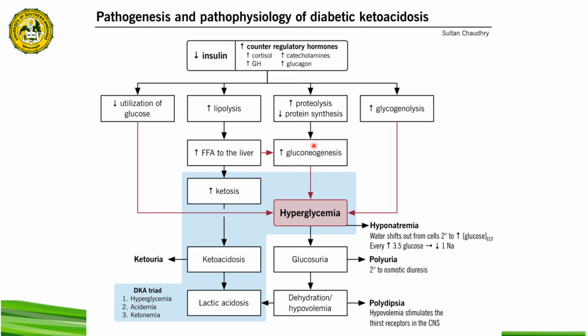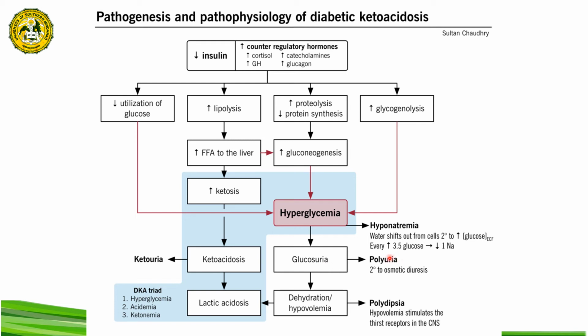Gluconeogenesis is a process whereby the cells create glucose from non-carbohydrate sources, proteins, and fats. Gluconeogenesis will tend to promote hyperglycemia, and hyperglycemia will also promote glucosuria, or increase in the glucose in the urine.